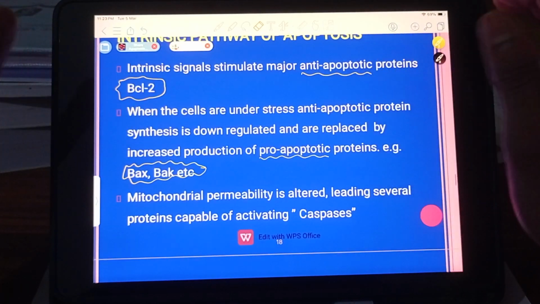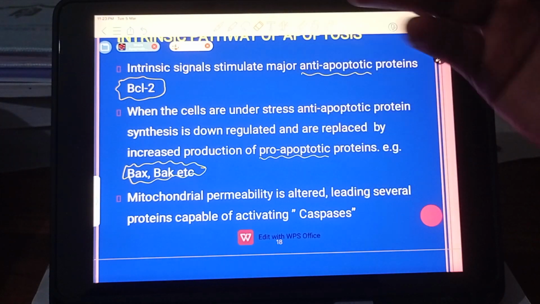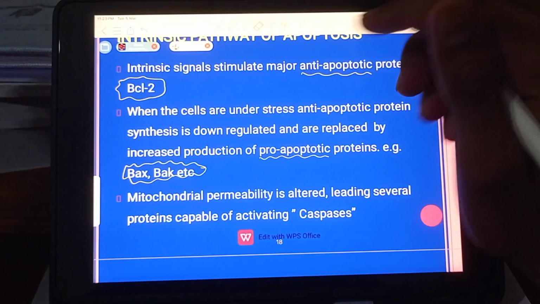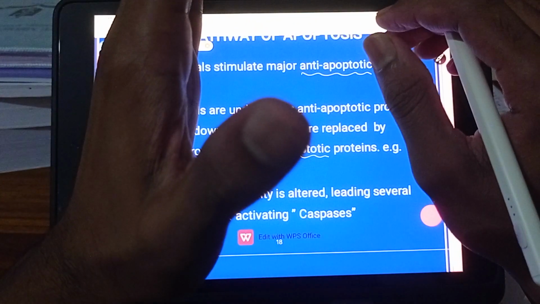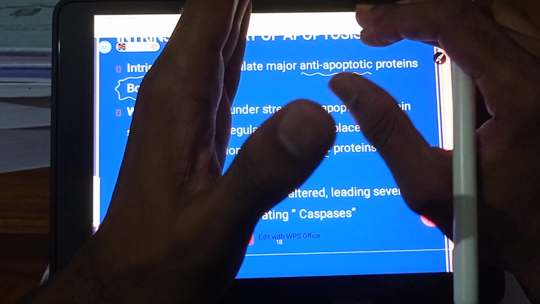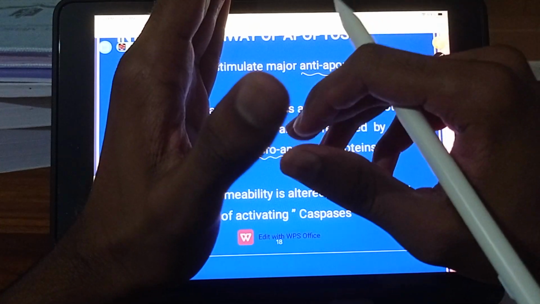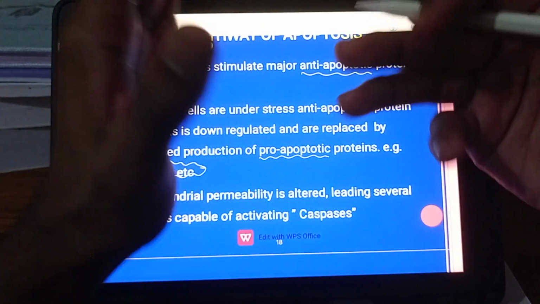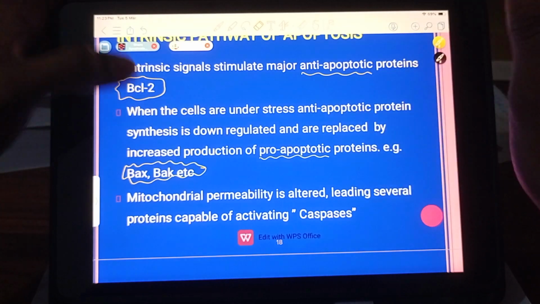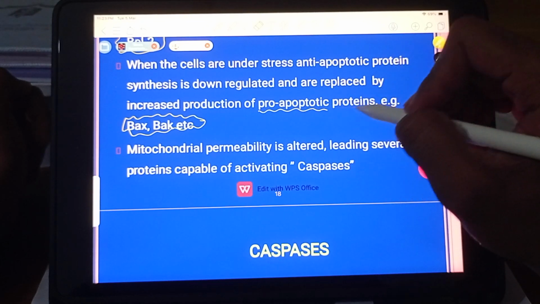If the cells are under stress, if there is any problem for the cell, like hypoxia or DNA damage, as I told you, then this anti-apoptotic protein, which is an inhibitor of apoptosis, has to be down regulated and replaced by increased production of pro-apoptotic proteins.